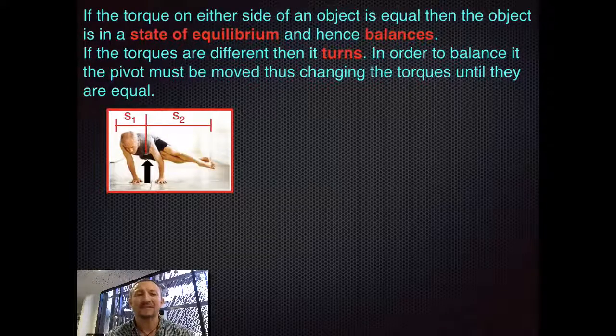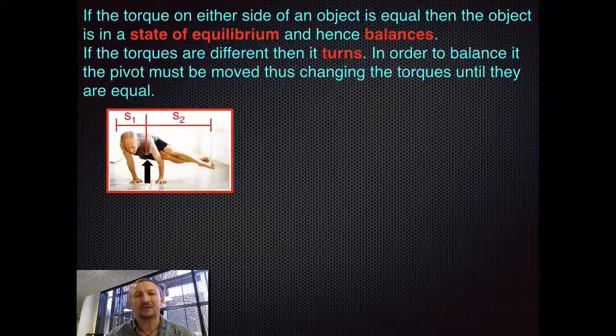The torque on the left-hand side is basically being made up of a large force and a very small distance, or small s1. So F times s1 will equal a specific torque. Now on the other side of the pivot point, we've got less of a force, but the distance is increased. Because he's in equilibrium, the change in force from the left-hand side to the right-hand side is in direct ratio to the change in distance.